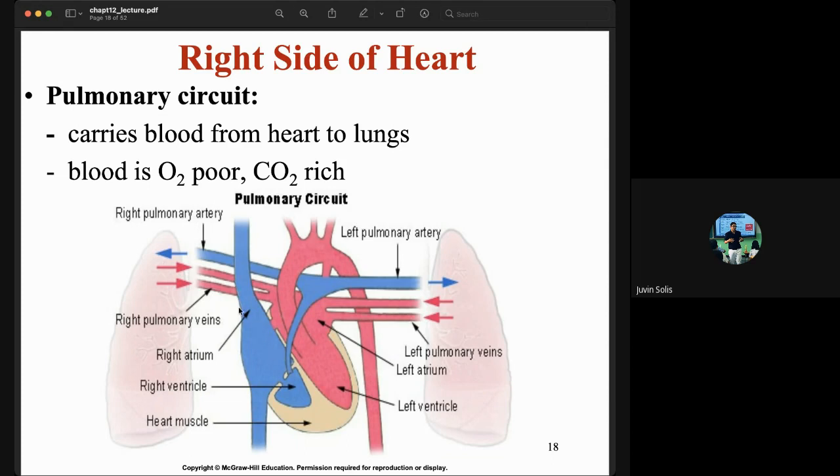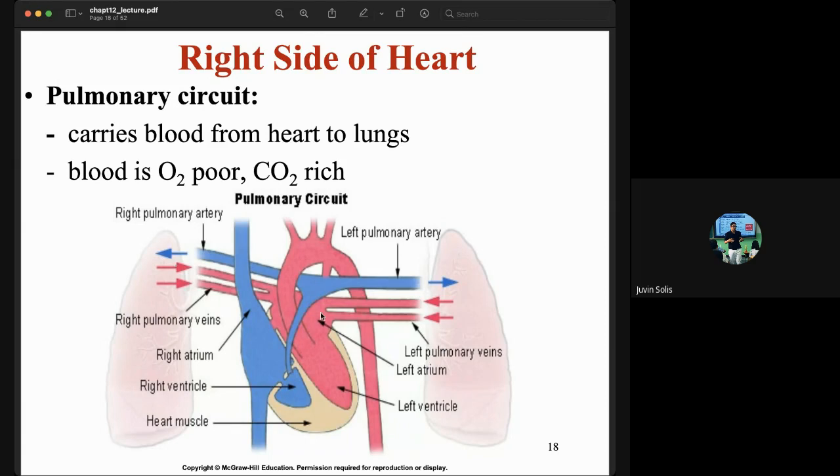As you can see here, the color blue illustration. So this is the heart, and this is your pulmonary circuit. The blood from the heart will travel here, and then it will go to your lungs. So that's how the pulmonary circuit works.